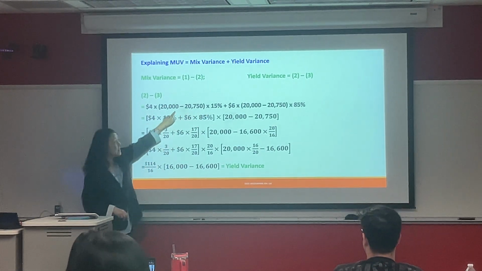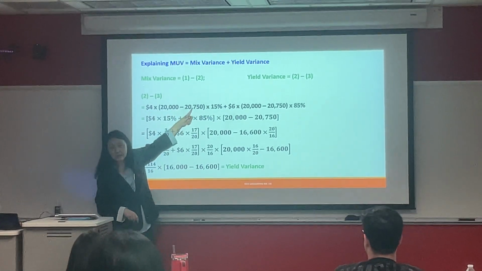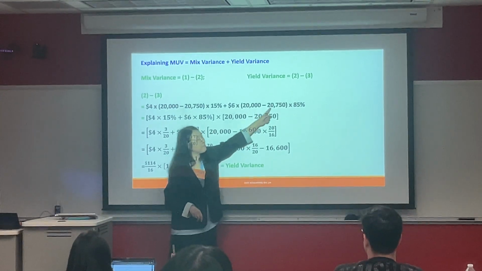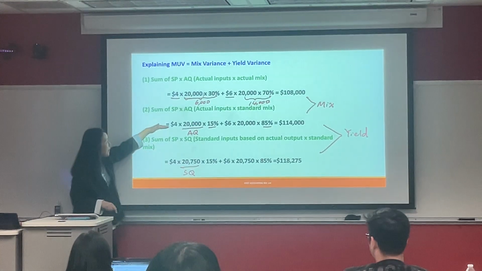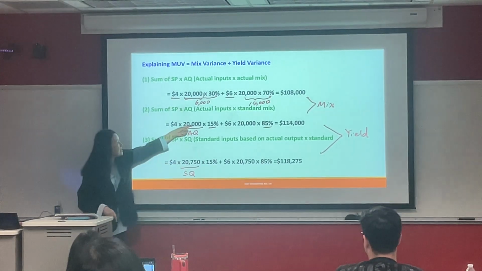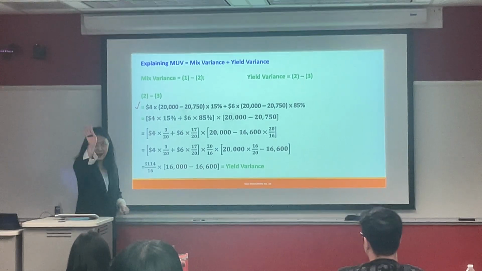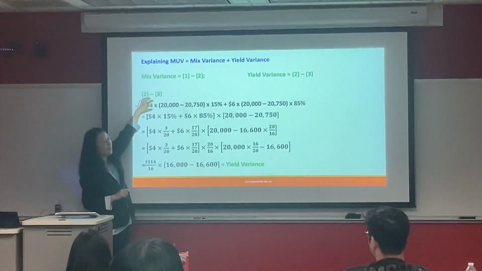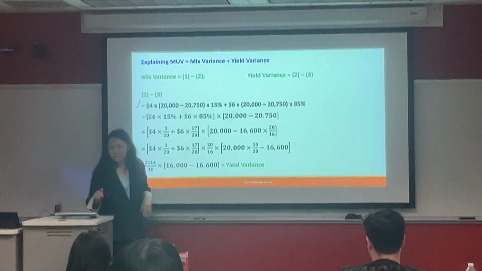So I get 4, 15%, 20,000 minus 2750, plus 6, 85%, 20 minus 2750. This is purely from this minus that. Everybody okay? If everybody is okay with this one, the rest is easy. So now we have a common factor.